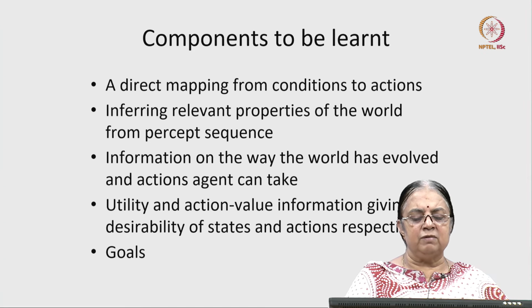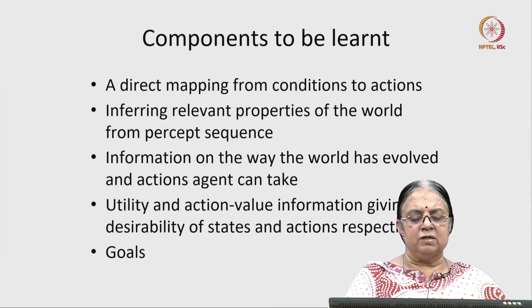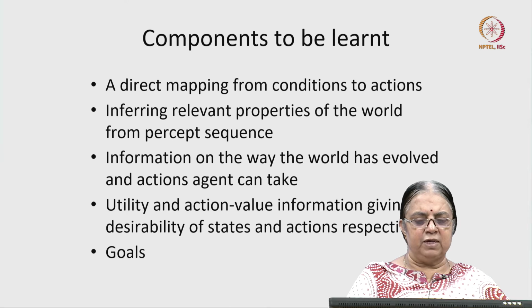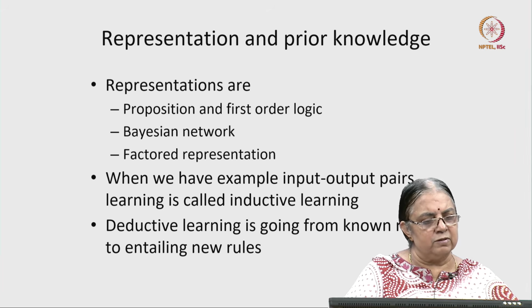Decision theory basically, which includes both probabilities as well as utility theory. Depending on the information you have, what is the action that needs to be taken, and this action depends also on the utility or the preferences of the agent. And then the goals. If this is the goal, then what is the next step to be taken by the agent? These are the different things which need to be learnt.